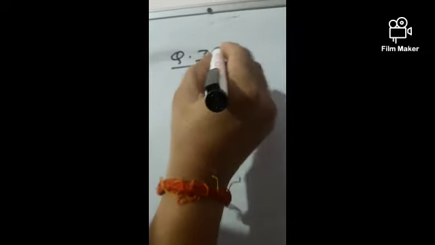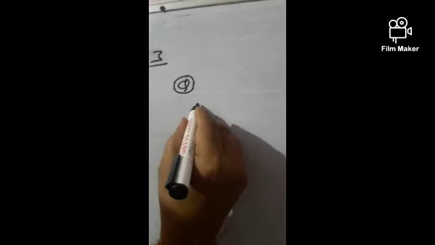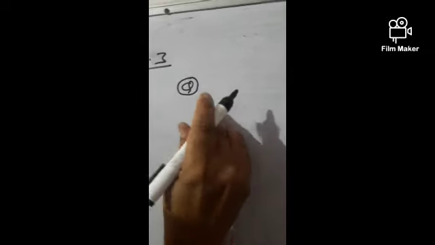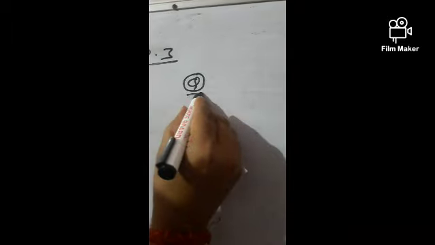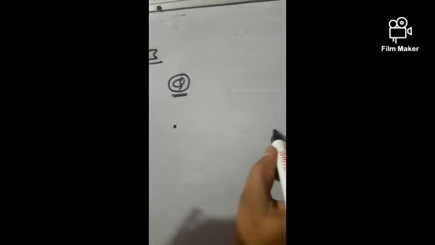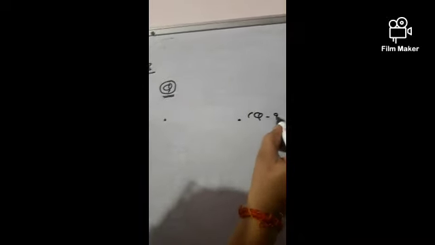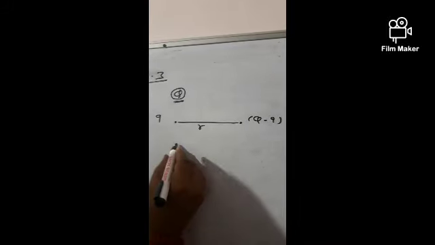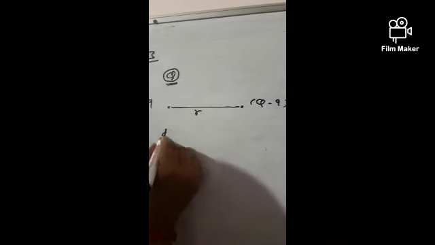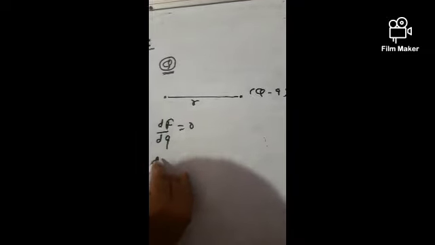In next question, if capital Q charge is divided in two parts in such a manner that applied force between them is maximum, then find magnitude of charges of both parts. So suppose capital Q charge be divided in two parts, small q and capital Q minus small q, and kept at a distance r, and applied force between them is maximum. Therefore, dF upon dq is equal to 0, which is condition for maxima.